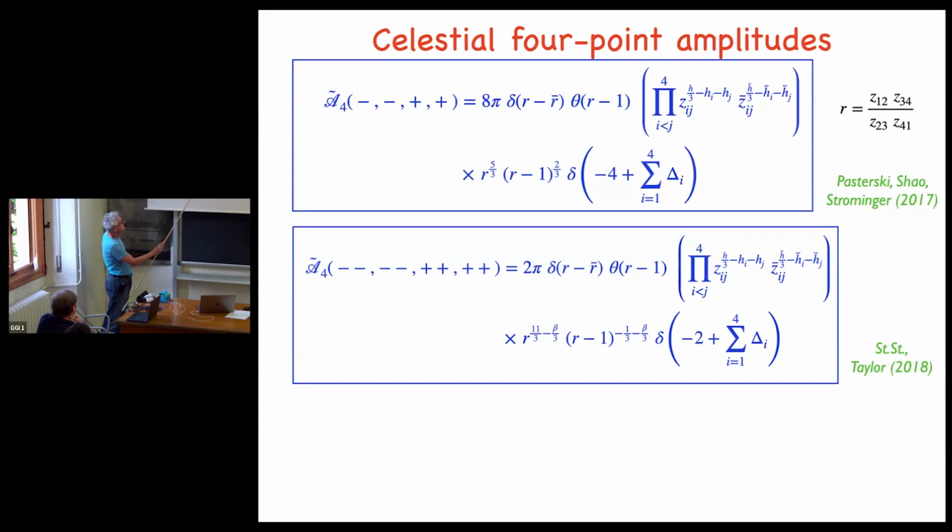So you can define a channel on the 2-dimensional celestial sphere by r goes to 0, or r goes to 1, or r goes to infinity. That means you do something on these celestial coordinates, like z1 goes to z2.